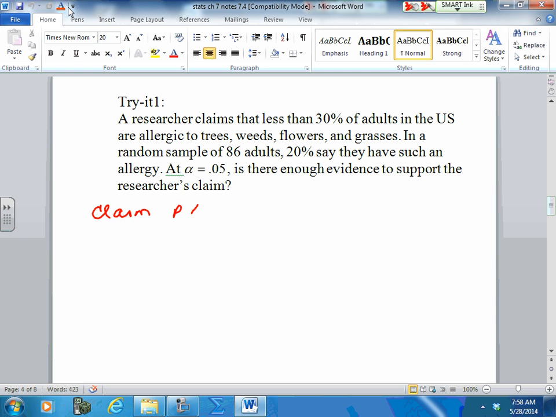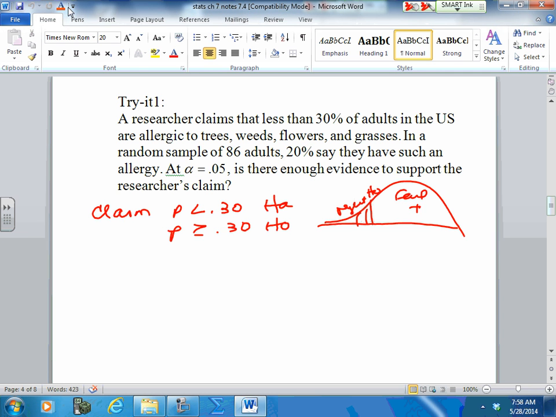Good. H0 or HA? HA. What's the H0? Good. All right, what tail test do we have? Left. This says reject H0. It says fail to reject H0.